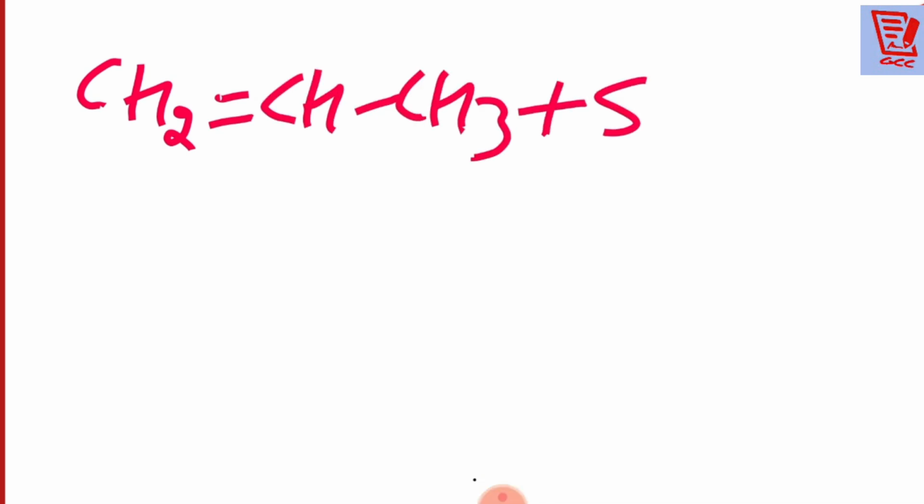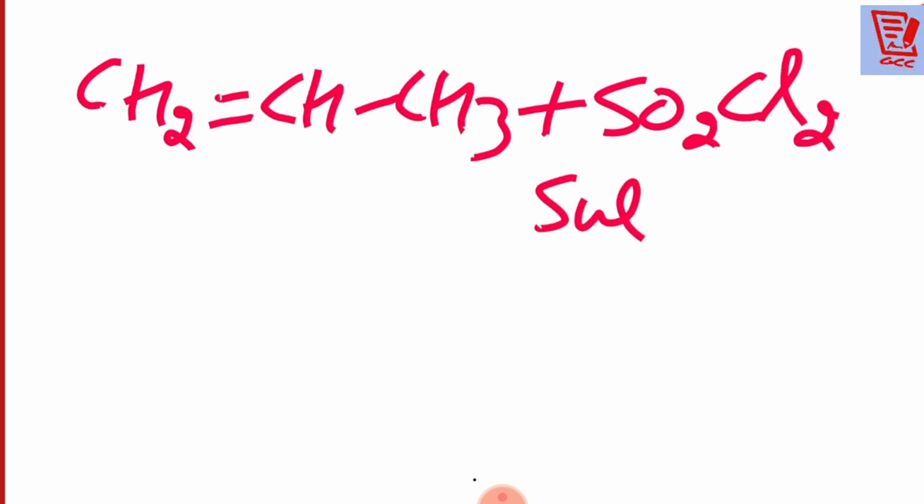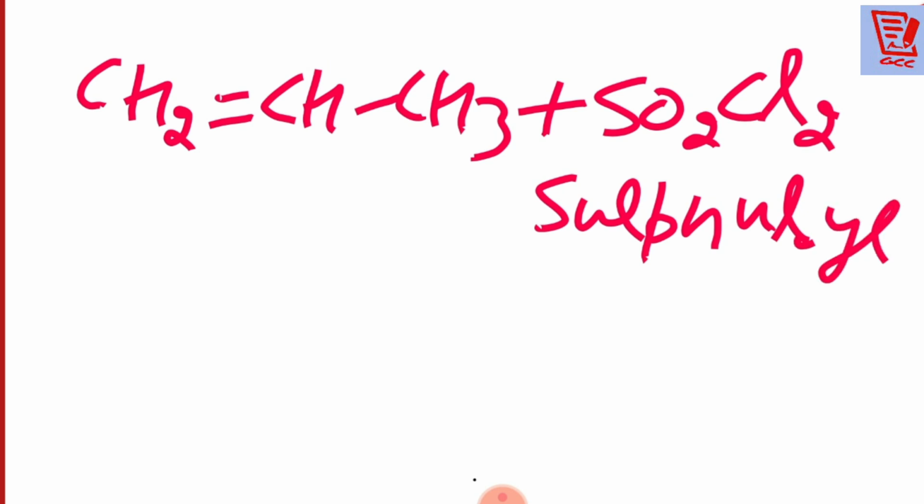Then one more last reaction: CH2=CH CH3 plus SO2Cl2. That is called sulfuryl chloride. It is sulfuryl chloride; that one was SOCl2, this is sulfuryl chloride.